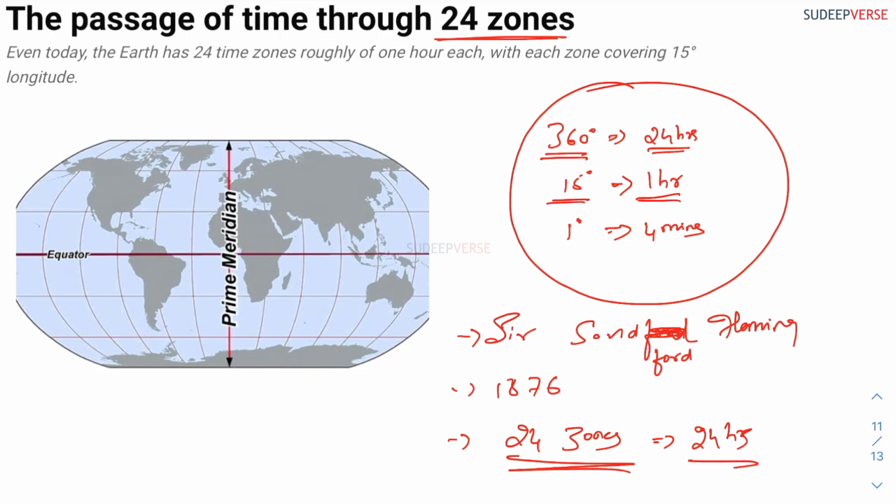This is what he had suggested, and this is what is being used today. Now let me come back to this diagram later. First, let me tell you about longitudes.